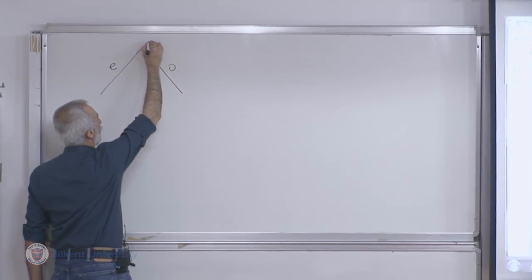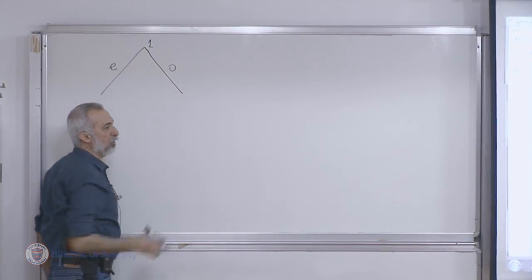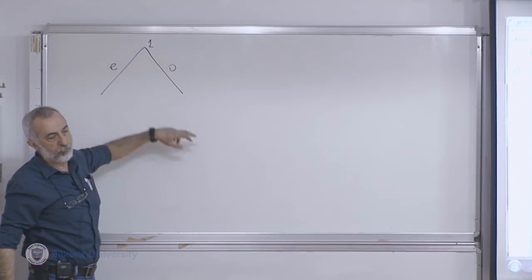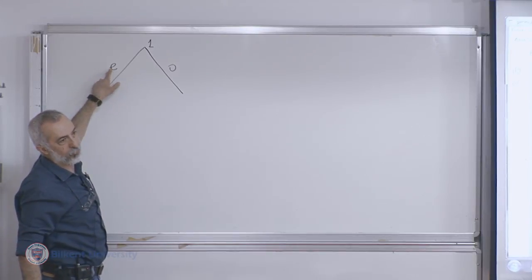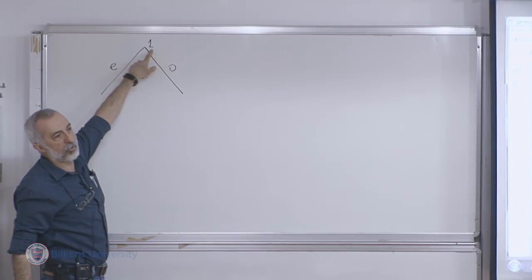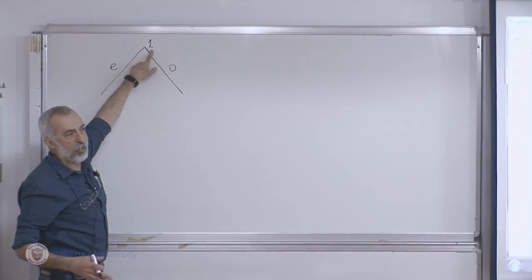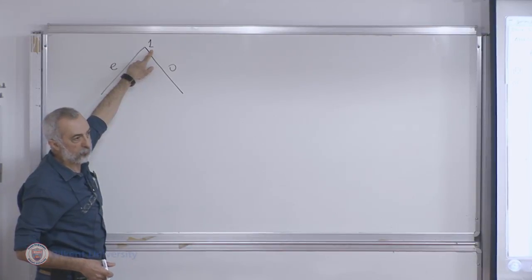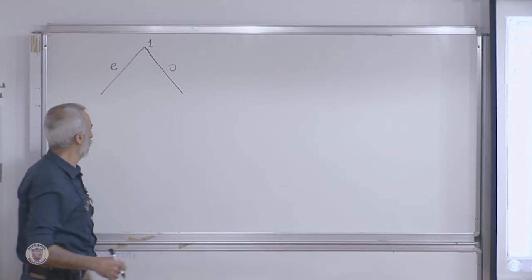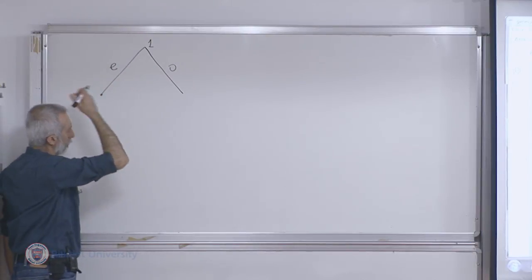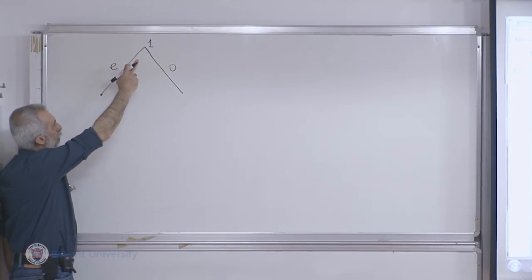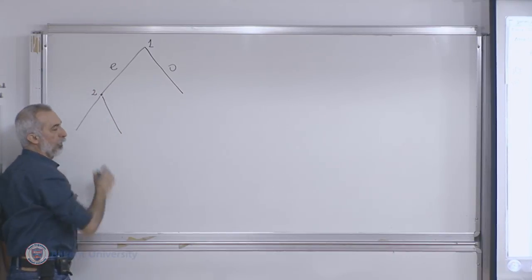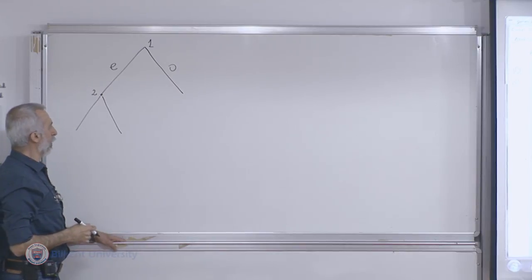So let me call this firm 1 or firm 2, it doesn't matter. So rather than calling it the entrant and the other firm incumbent, I'm going to use E for enter, and hence I'll call the firm that is deciding on whether to enter or stay out the market, firm 1, and the incumbent firm, firm 2. So if firm 1 enters the market, then firm 2, the incumbent firm, it was its turn to take a decision.